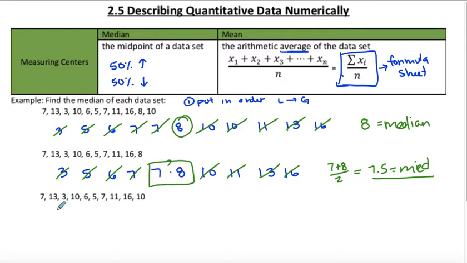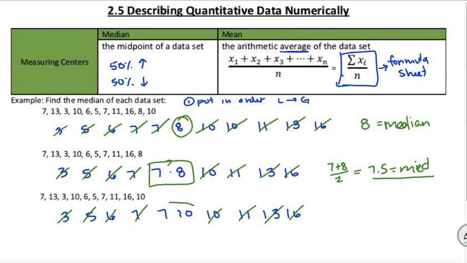And on the last one, looking at 3, 5, 6, 7, 7, 10, 10, 11, 13, and 16, this time I took out another value. So this would be 1, 2, 1, 2, 1, 2, crossing them off in pairs, 1, 2.